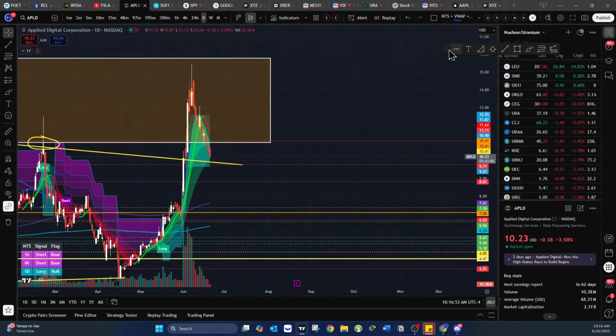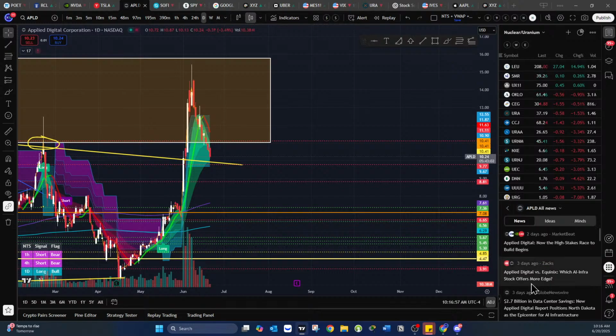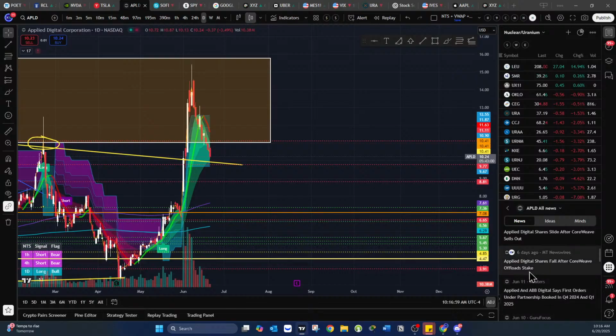So I don't know. That was kind of scary. But I think this is an overreaction. They literally are going to make $7 billion over 15 years from CoreWeave. So I don't know if that matters as much. I think this is an overreaction.